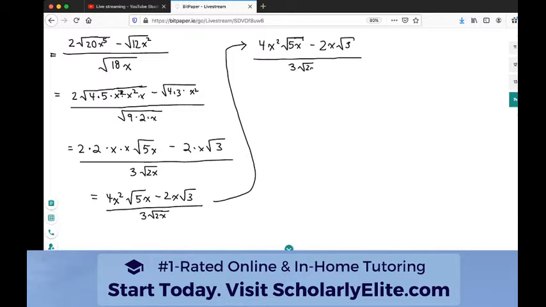So anyways, just like in our last problem, what we've got here is a denominator with a radical. And that's a problem because it's bad form to leave it like that. So we're going to multiply it by root of 2x on both the upper part and the denominator. And again, we don't bring the coefficient into that because it's really not necessary.